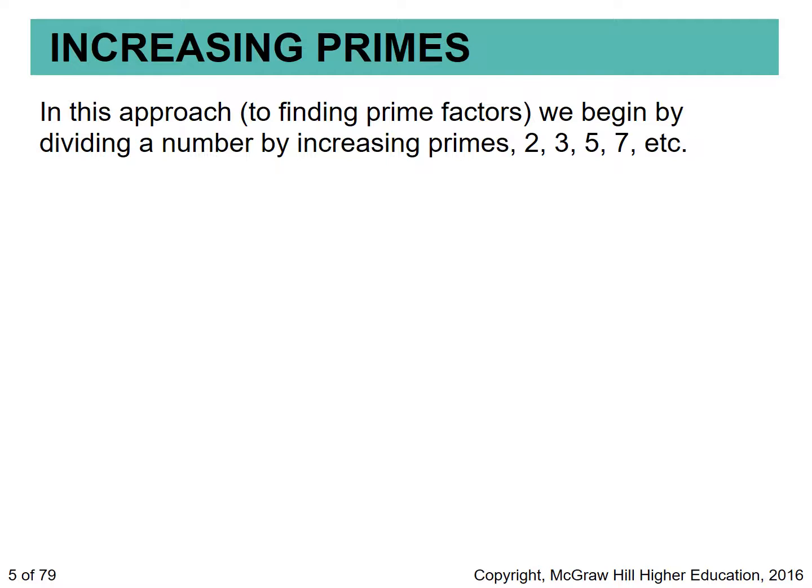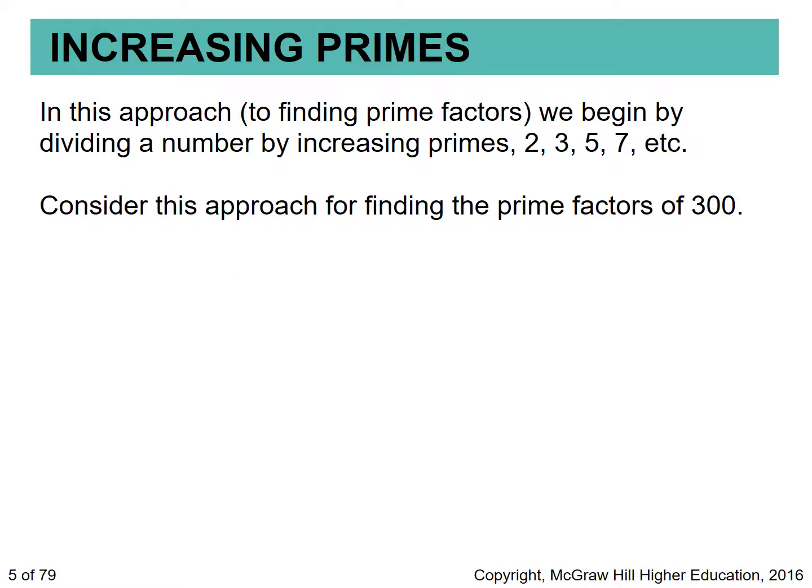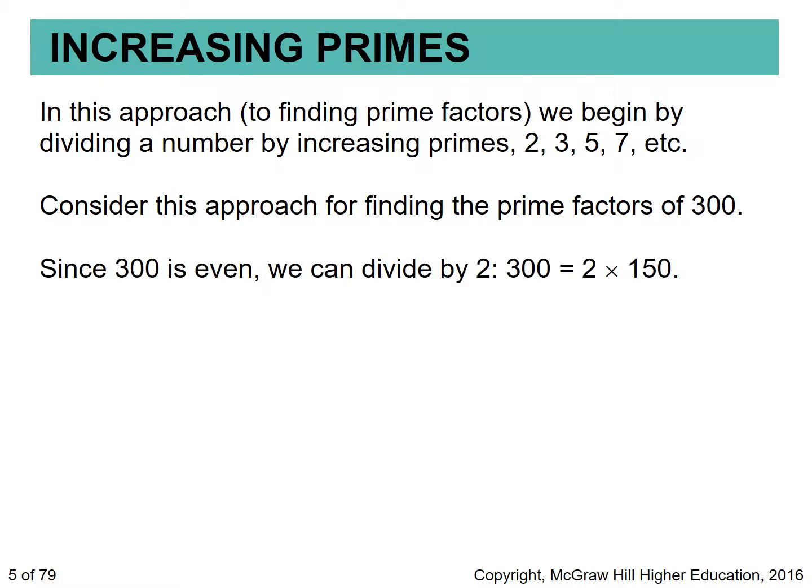So one method for finding a prime factorization is called increasing primes. So we look at the prime numbers 2, 3, 5, 7, 11, 13, and so forth. And we take the number under consideration and divide by increasing primes if they are divisible. Okay, so 300 is even, so we know we can divide it by 2.